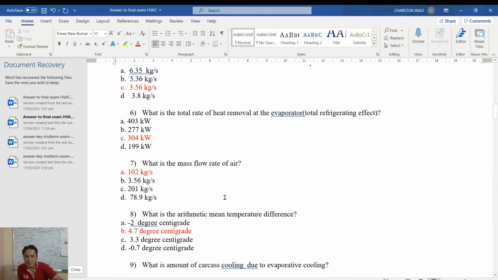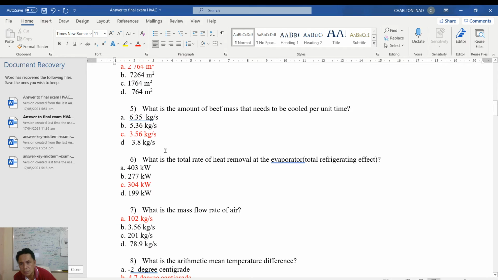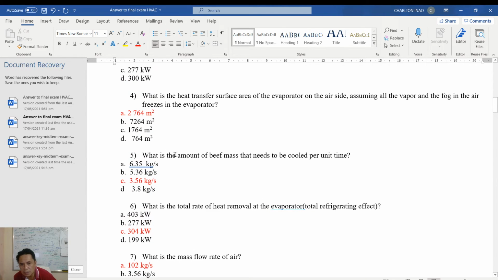So we were able to answer all this, right? What is the mass flow rate of air? It's going to be 102. What is the total rate of heat removal at the evaporator alone? At the evaporator alone, you have 304 kilowatts because the other moistures and the other wet coming in is converted all in all to cooling air, right? And what's the amount of mass that needs to be cooled per unit time?